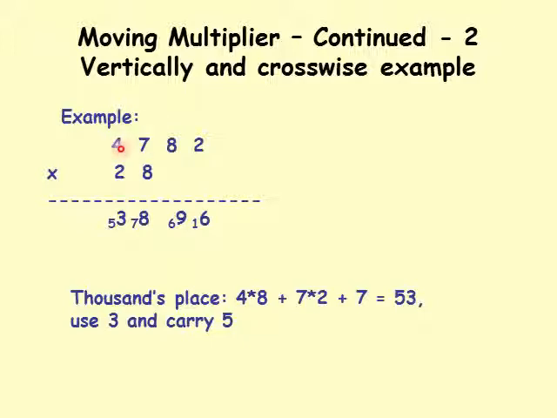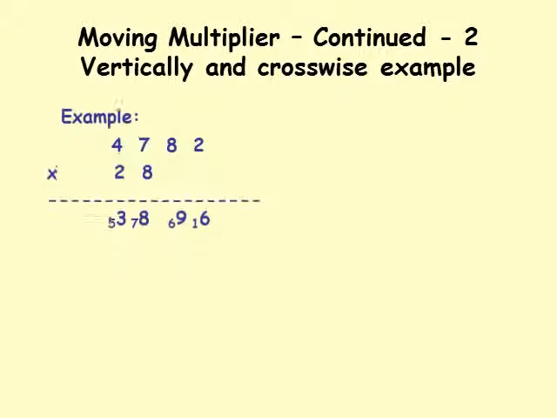Now I go to one column, which is vertically here. We are at the last position here. We have moved the multiplier all the way to the left. We have used the two columns from this position to obtain 53, which are 4 times 8 plus 7 times 2 plus 7. Now we are left with the vertically part of this position.